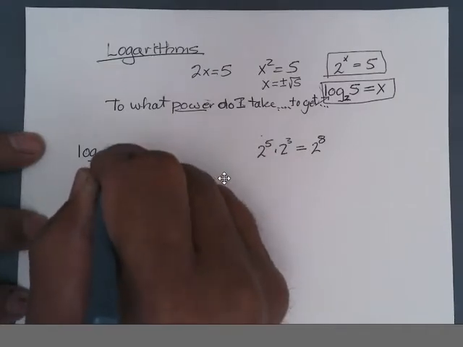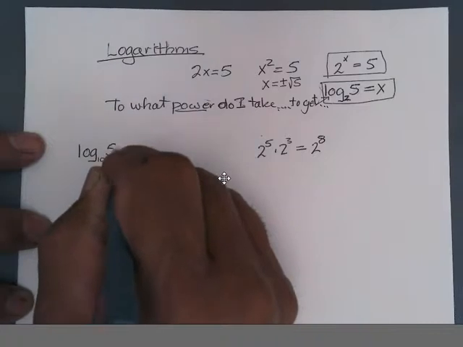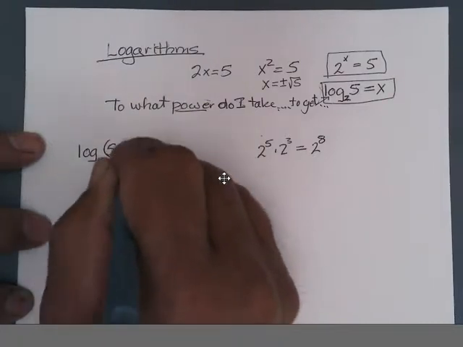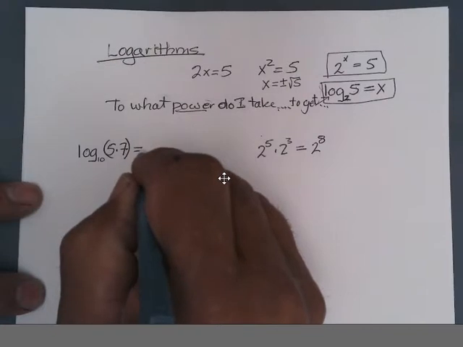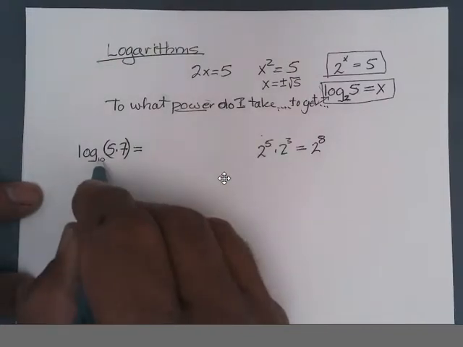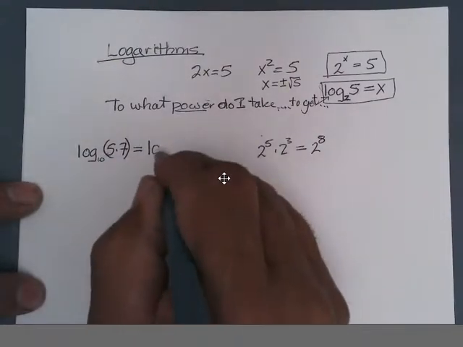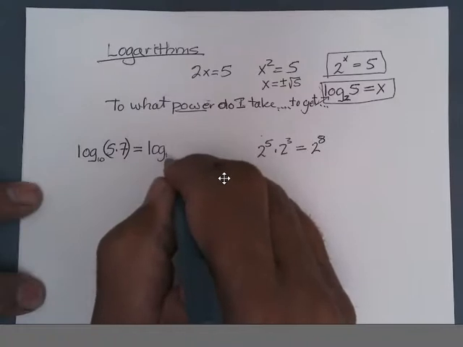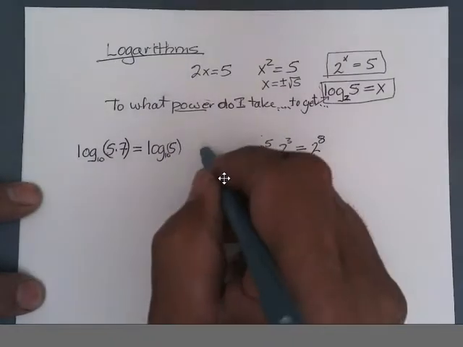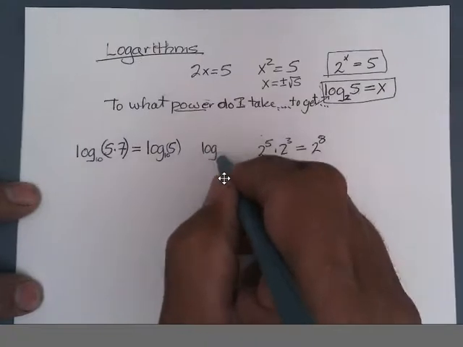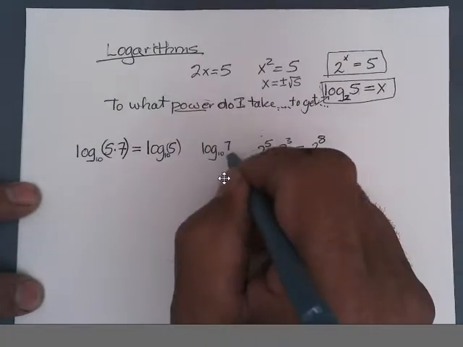Let's say 5 times 7. Two things multiplied. So I can say, well, okay, to what power do I take 10 to get 5? And I can say, to what power do I take 10 to get 7?